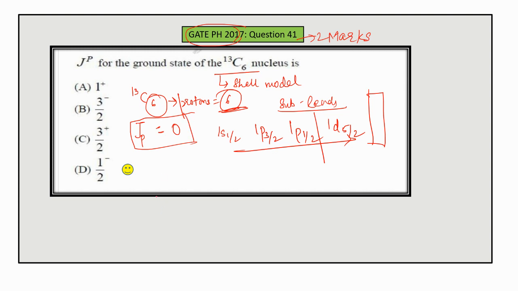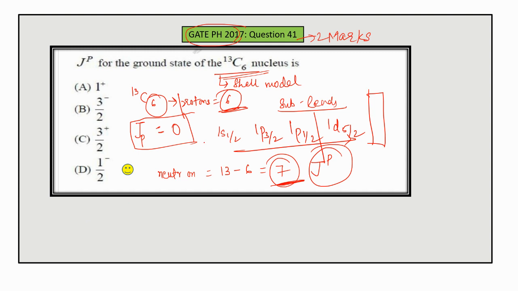Now we have neutrons: 13 minus 6, so this is 7. This will decide the J and P value of the ground state of the carbon nucleus.